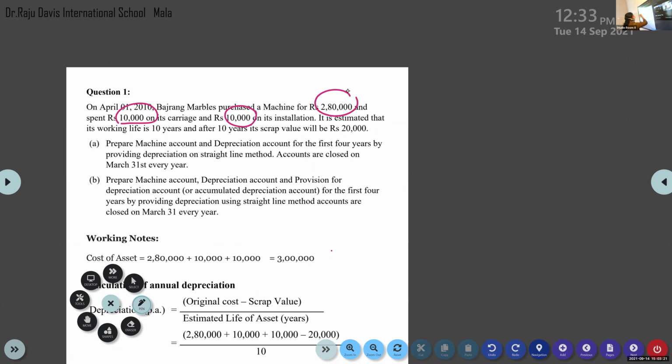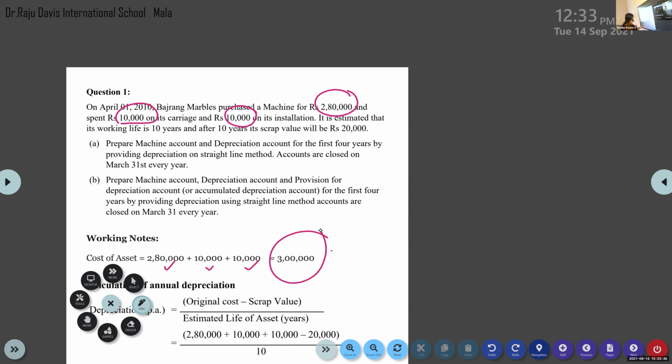Purchase price is 2,80,000. So what is the cost of asset? Cost of asset is equal to 2,80,000 plus 10,000 plus 10,000, 3 lakh. Okay? This is the first thing to do.